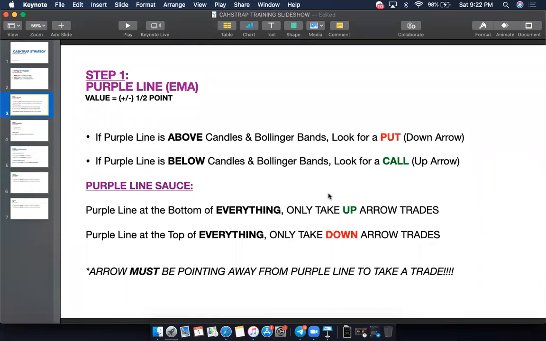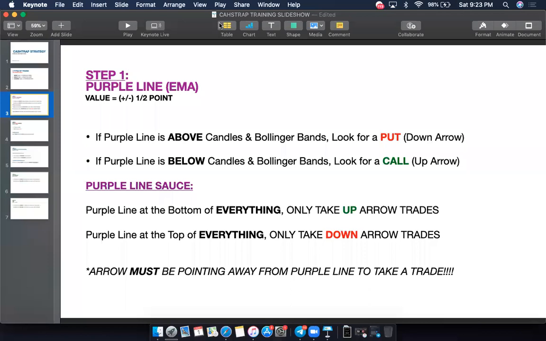So here's the source of the purple line. When I first started trading the Cashtrap strategy, myself and DeAndre, we were taking literally every trade. We wanted to figure out which trade setup gave us the highest percentage to win.